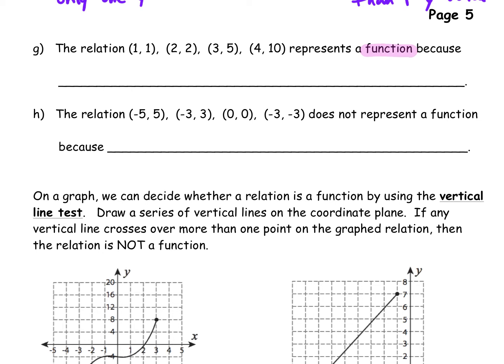Okay, so I'm going to start looking at the domain members, and I'm noticing that none of them repeat, so that's helpful. If I had a 1 here and it was paired with 1, and then this was also 1, but it was paired with 2, then it would not be a function.